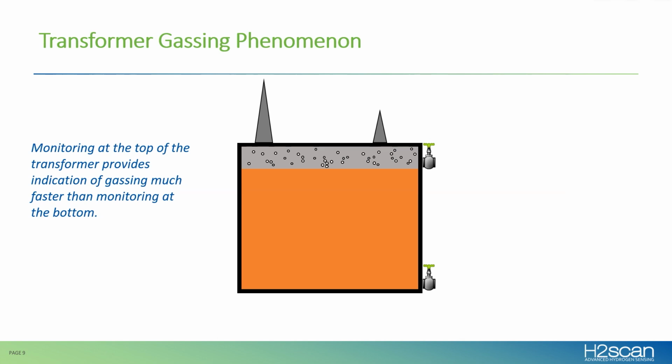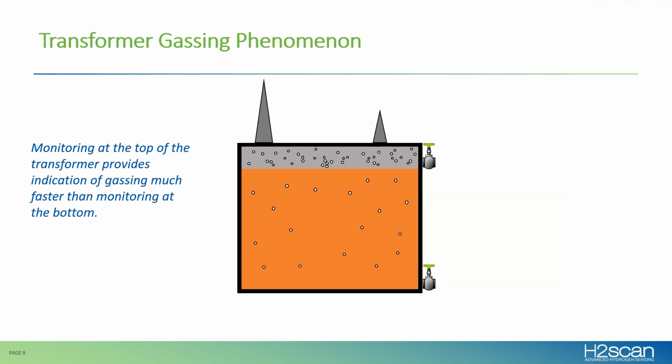So when gas is generated in the transformer, you're going to see that gassing very quickly in the gas space, because the gas is going to go up inside the transformer. And then eventually, once it equilibrates in the gas space, it ends up equilibrating in the oil.